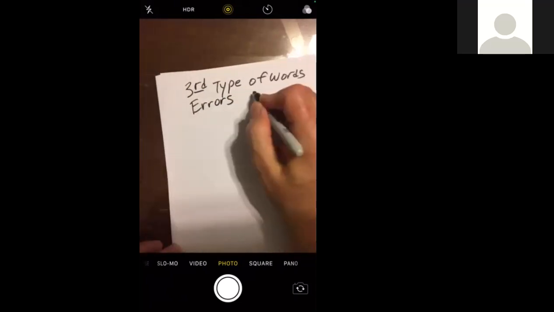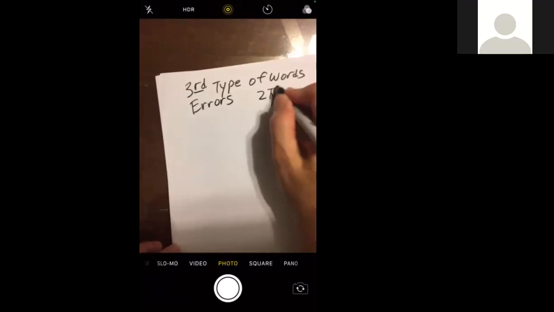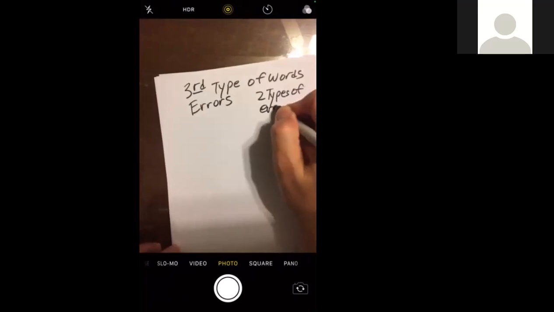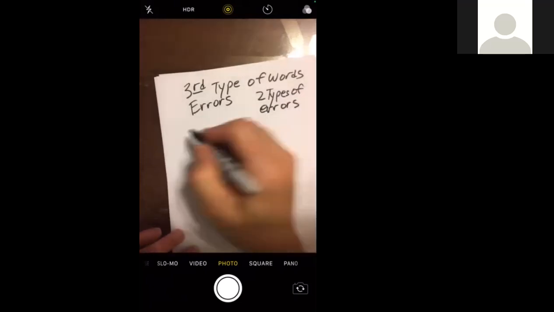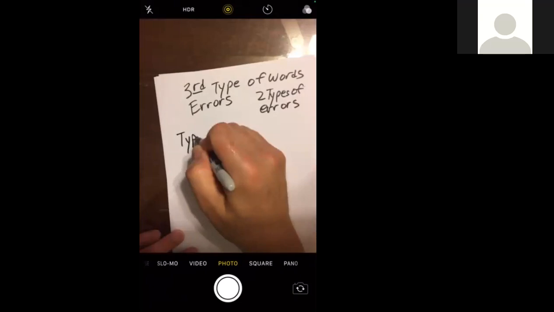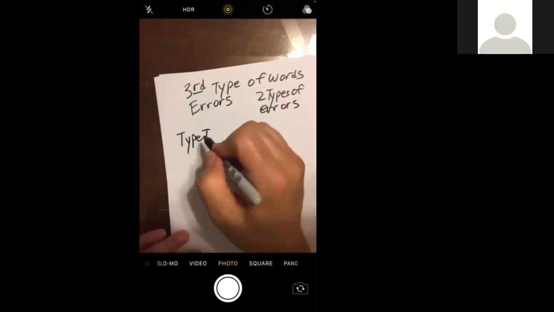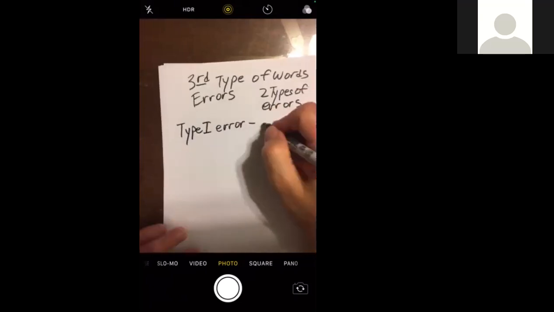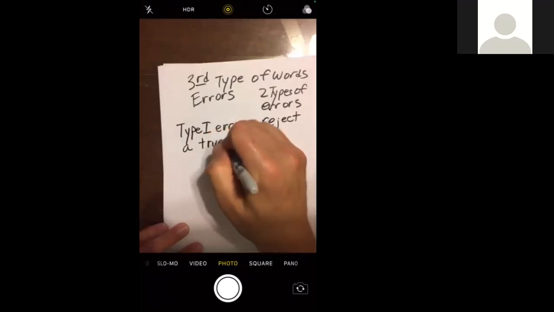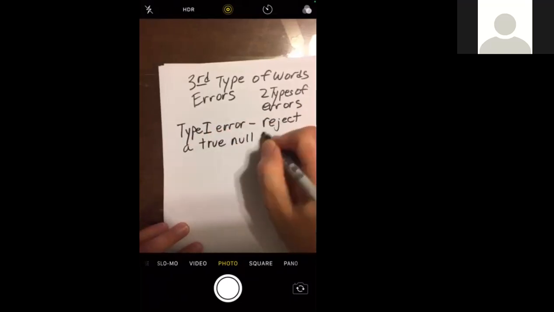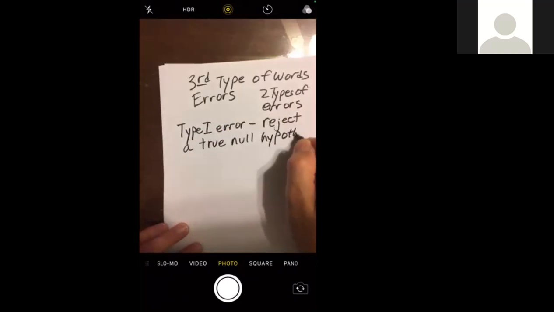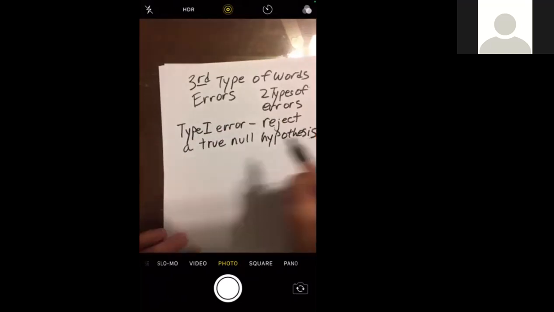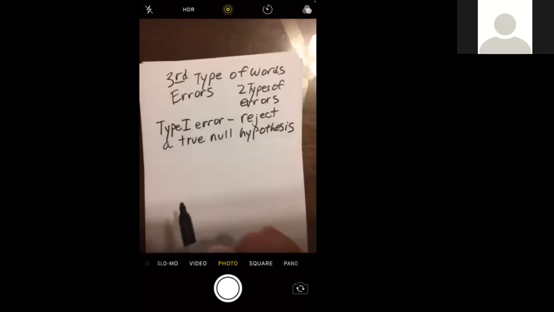All right, there are two types of errors. They call it type 1 error. It is when you reject a true null hypothesis. I know that's very stilted. You wonder, what the heck are we talking about?